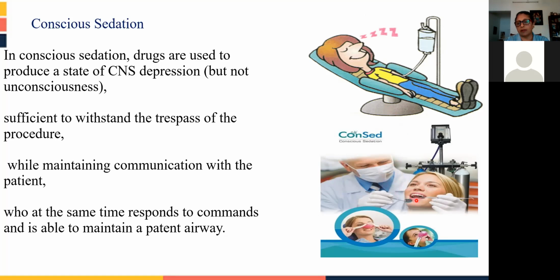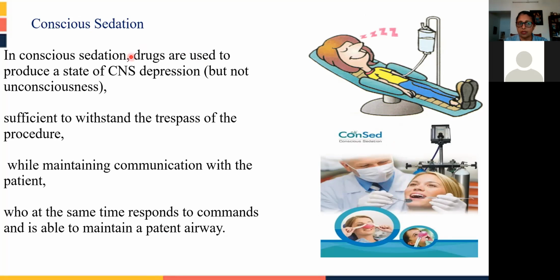Another thing, we can maintain the patent airway. We don't need any intubation. The patient will be breathing on his own. It's just a sedation, a drowsy feeling only. That is called conscious sedation.